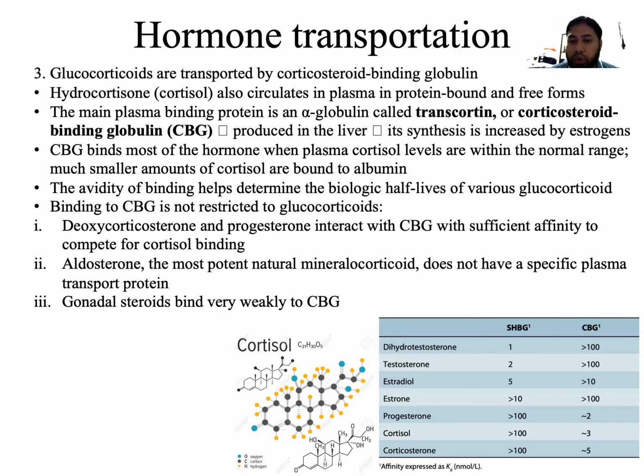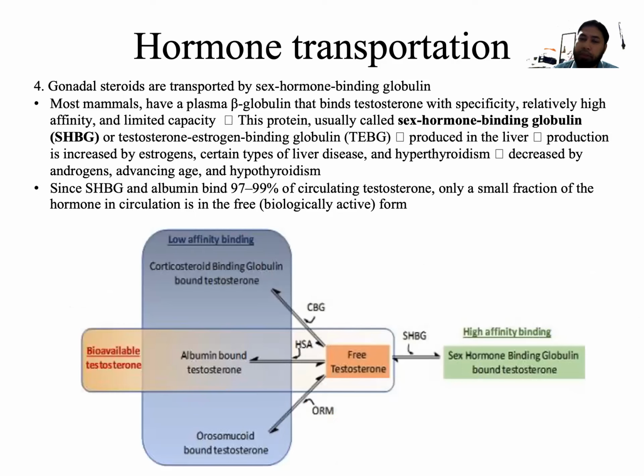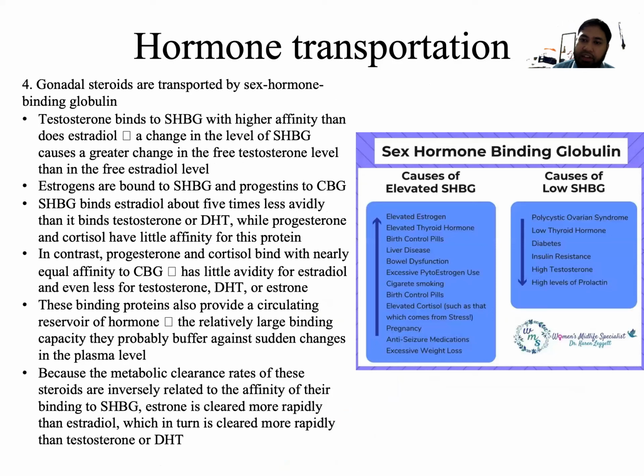So this is another way for the lipid-based hormones to travel inside your bloodstream. They require assistance. These assistants are the transport proteins in the form of SHBG or CBG. Between SHBG and CBG, they have different affinity and different capacity, how many hormones they can carry with them.